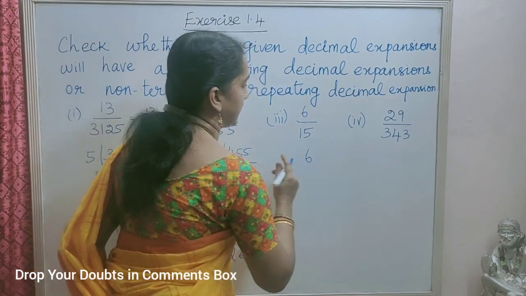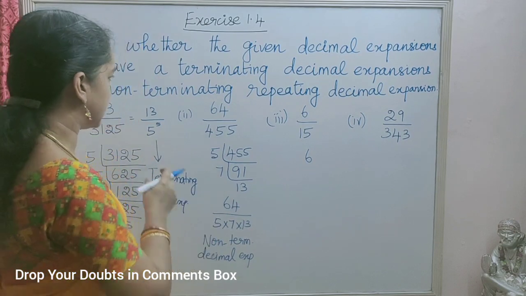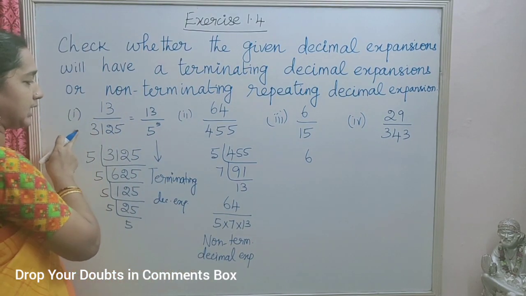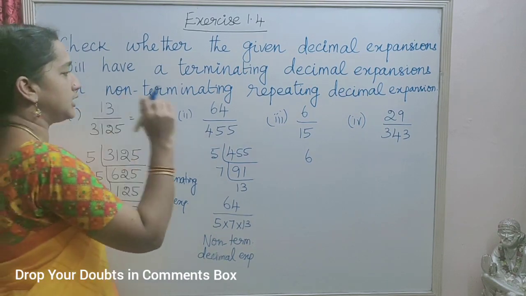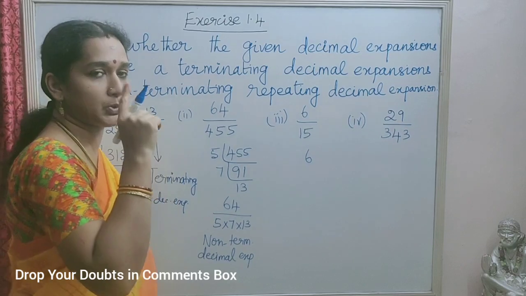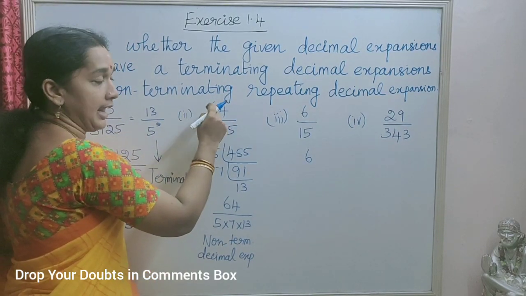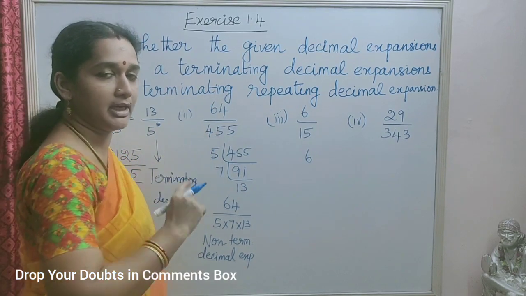Okay, then this one. The first thing you have to check is that numerator and denominator should be co-prime numbers. If you check 13 by 3125, the common factor is 1 only. For 64 by 455, the common factor is 1 only. Here this is 8 square. You don't have any common factor for the numerator and denominator other than 1.